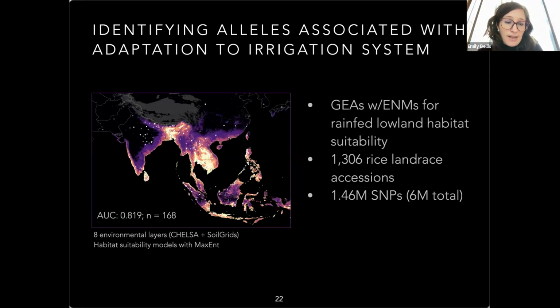Those are based on, as input, 8 environmental layers. So we have soil and climate layers in this case, and then the habitat suitability models are constructed with MaxEnt.